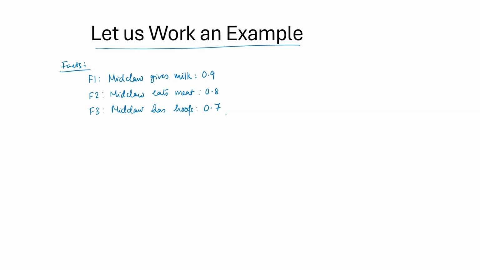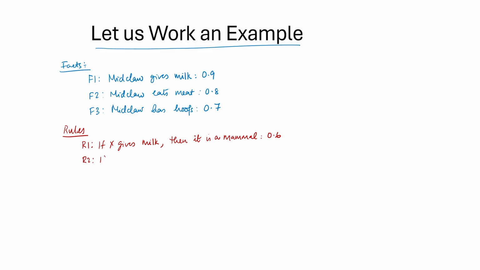Then the next thing is we give the rules. R1: if X gives milk, then it is a mammal, 0.6.